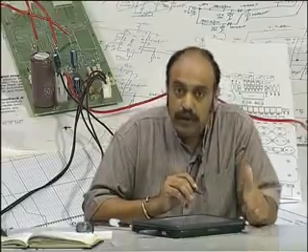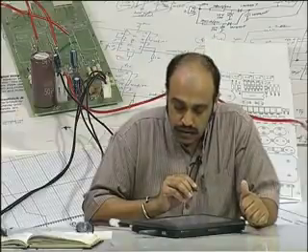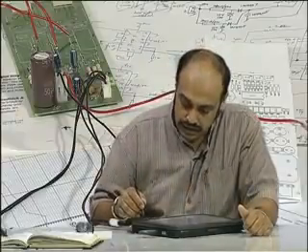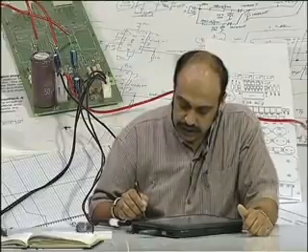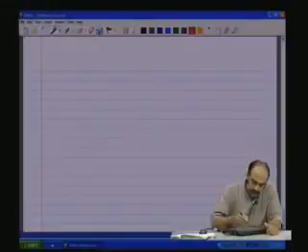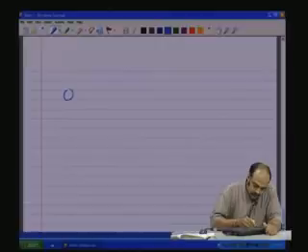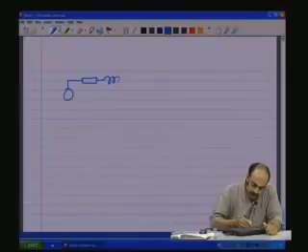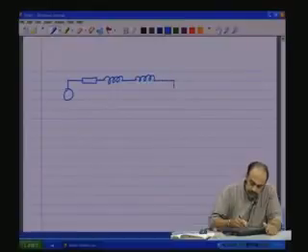Just one point of caution that you need to be careful about is what happens if I have two inductors in series or two capacitors in series. For example, in a case like this, let us say we had a resistance, an inductor followed by a capacitance and a resistance.